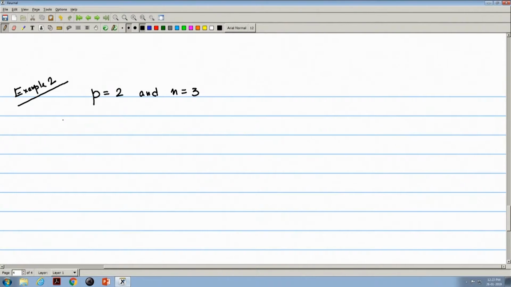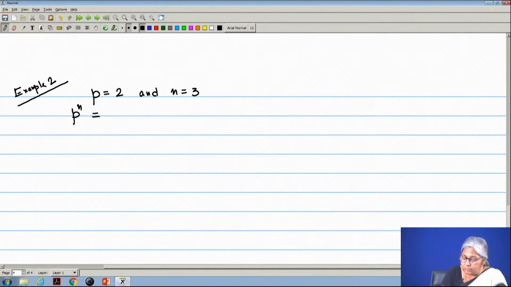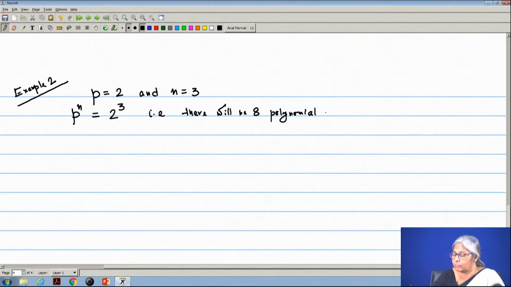Since p to the power n is 2 to the power 3, there will be 8 polynomials in the set S. And what are those polynomials?